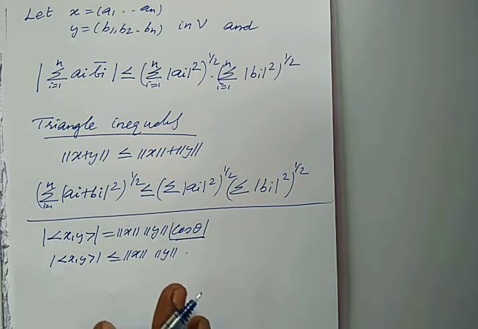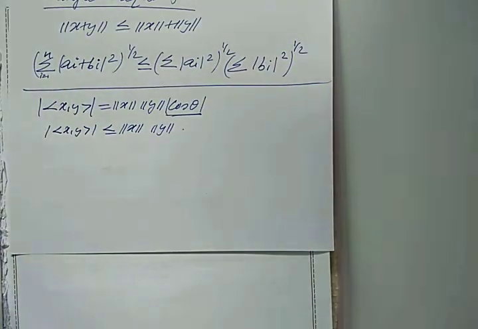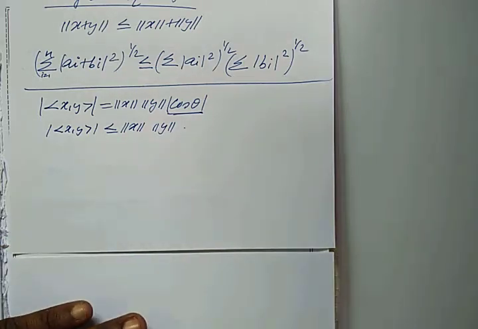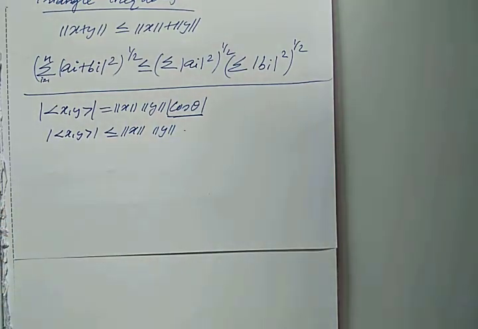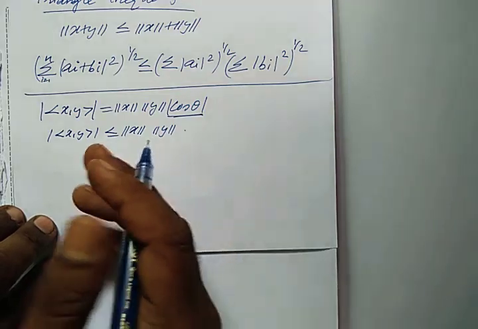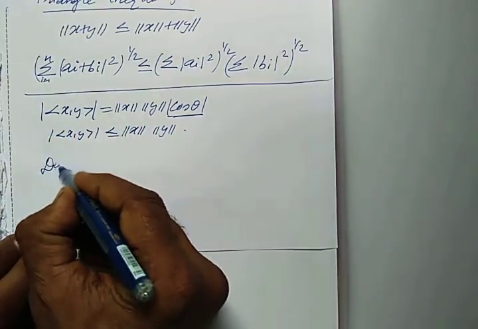Now we are going to see a new definition called orthogonality. When do we say two vectors are orthogonal? If the dot product between two vectors is 0, then we say that the two vectors are perpendicular, right? So now we are going to say orthogonal instead of perpendicularity.